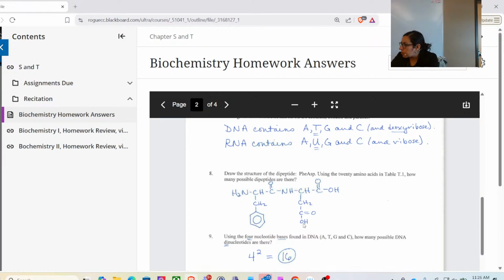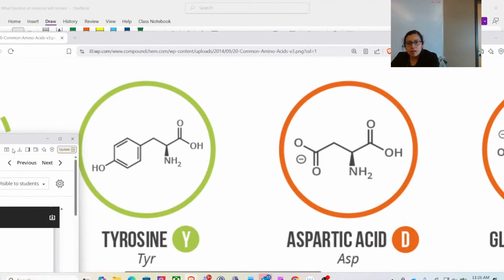You're just talking about the protonated and deprotonated species. Just pay attention to the backbone. That's what I was trying to get y'all to see: you have your amine, your carbon, your R group for our first amino acid, and then an amide bond, new carbon, and then that group for the aspartic acid there.